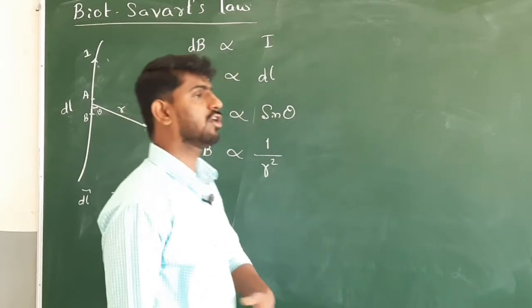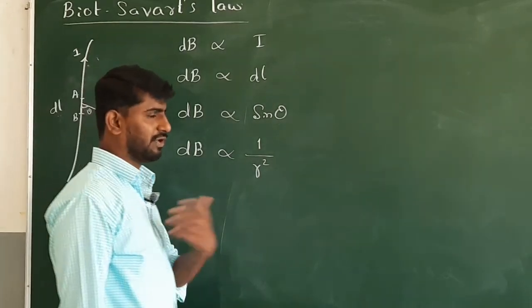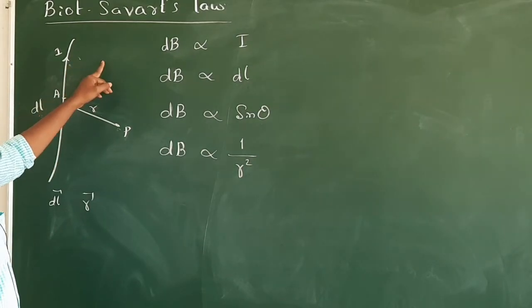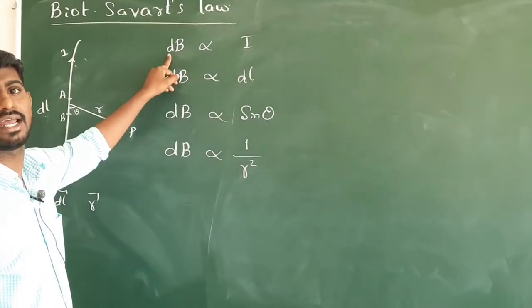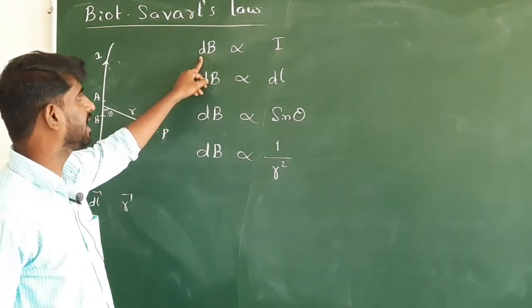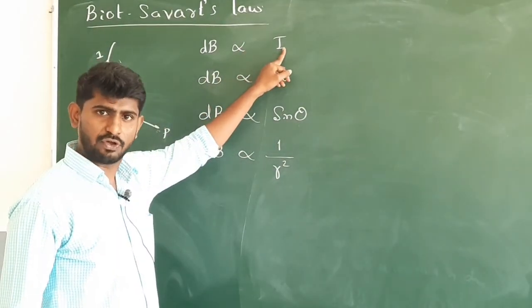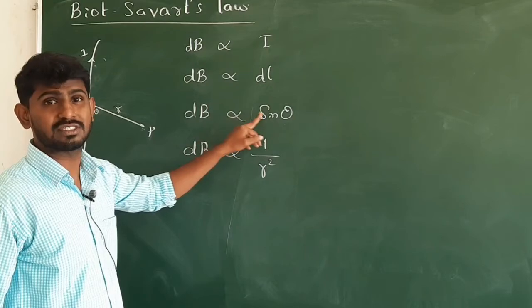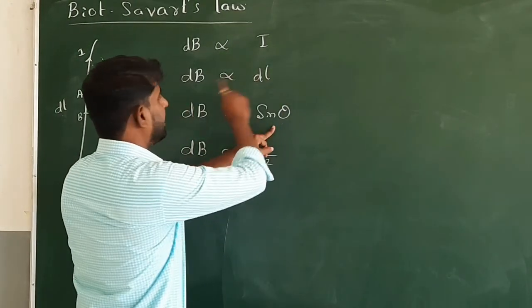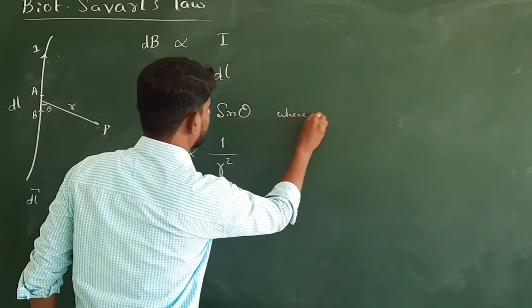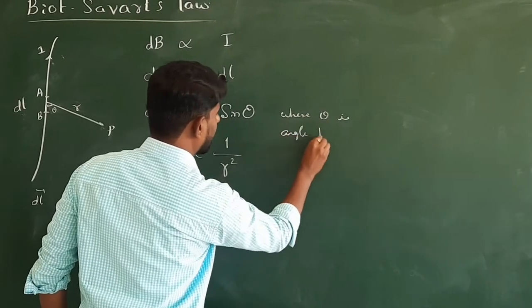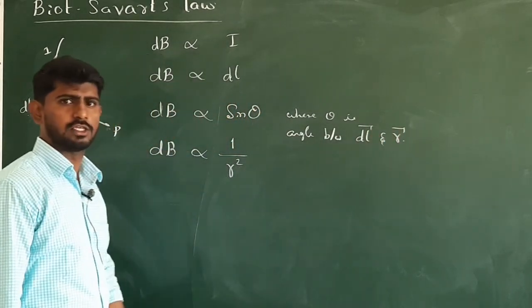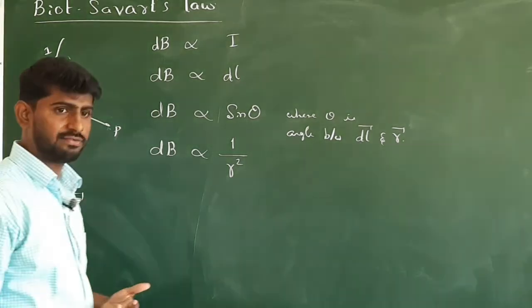Okay. So if you get a question, state Biot-Savart's law, you should write: the magnetic field due to a current carrying element is directly proportional to the current flowing through it, directly proportional to the length of the conductor, and directly proportional to the sine of the angle between dl and r, where theta is the angle between the dl vector and the r vector. dl is the length element.